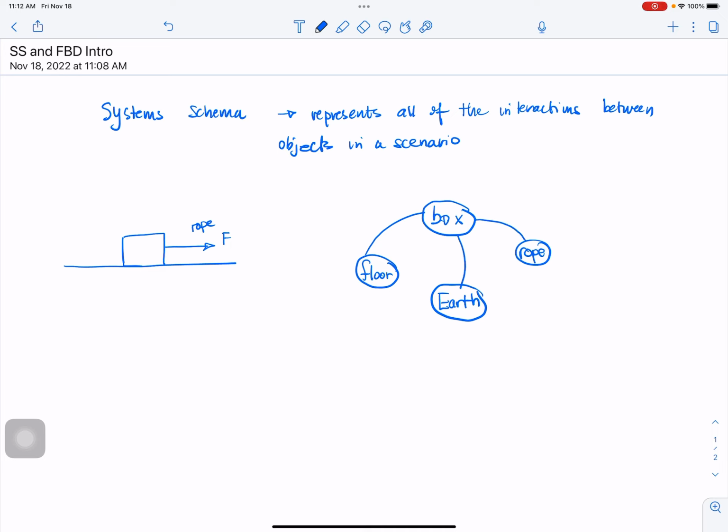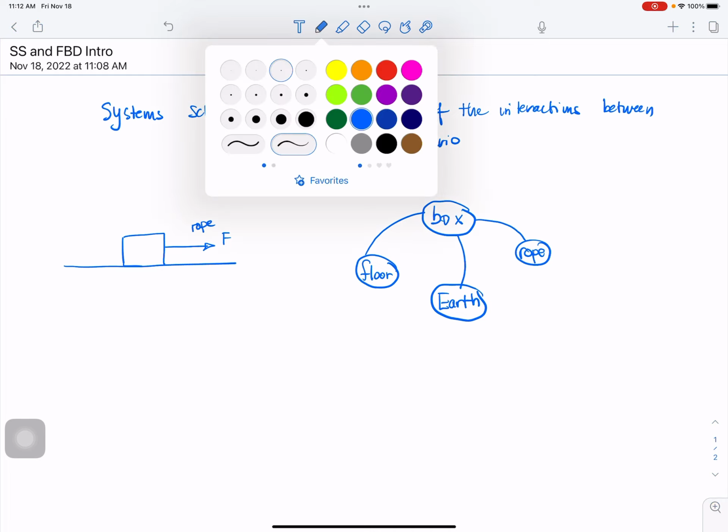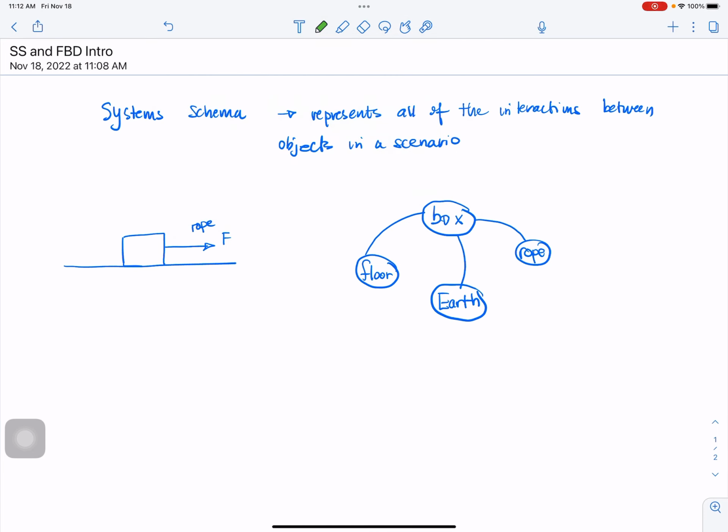Notice I don't put one between the rope and the floor because the rope is not touching the floor. I'll put a couple other ones in. The floor is connected to the earth and the rope is being attracted by the earth, but those are not as important as the interactions on the box. So you put down the interactions.